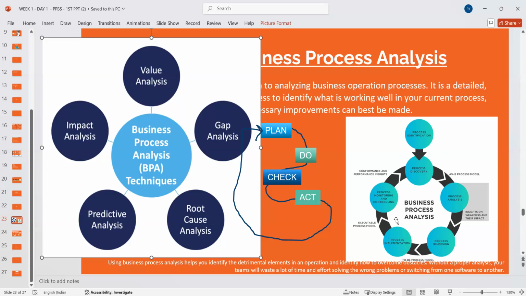So now in this scenario, we have a problem, that is what has happened, but we do not know what is the reason behind it, or what is the factor that started this problem.